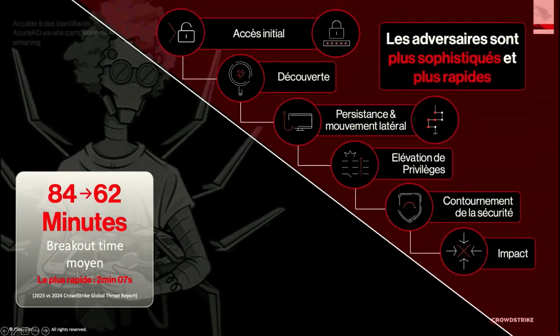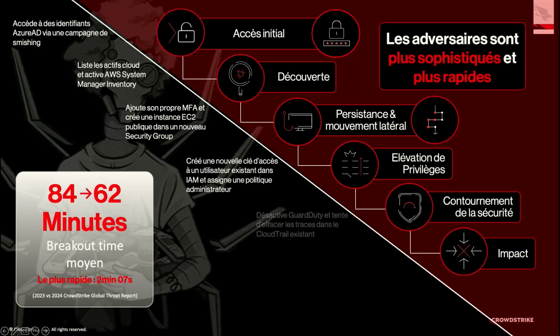What we need to understand here is that those actors are more sophisticated, but they're also faster. They're very quick, and a way to measure this velocity is the breakout time. It's the time that is needed between a first host that is compromised and a second action.